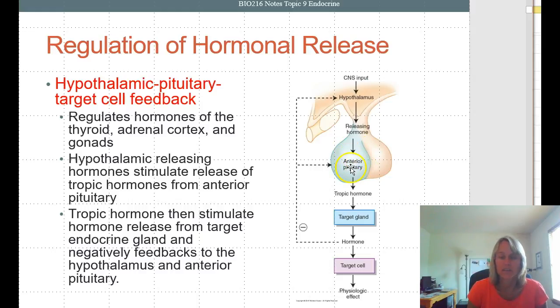This can cause the anterior pituitary to release a hormone, we call this a tropic hormone, that then acts on a target gland to cause the growth and development and secretion of its primary hormone. That hormone has effects on its target cell, and then that hormone negatively feeds back to the anterior pituitary and to the hypothalamus.